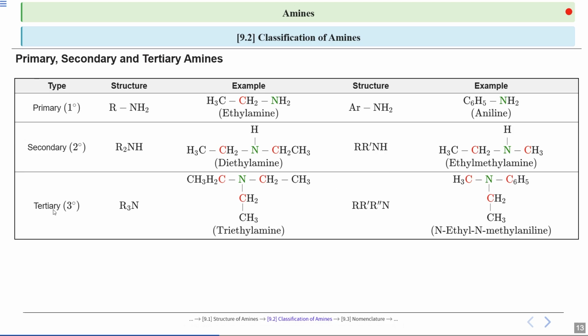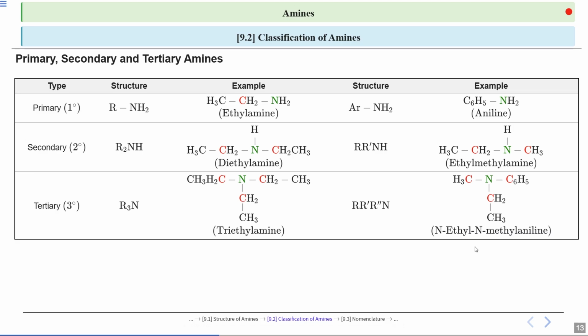Now in case of tertiary amines, all the 3 hydrogens of ammonia are replaced by alkyl or aryl groups. So over here, I have replaced all the 3 hydrogens with the ethyl group. Okay, so I have got triethylamine. Over here, I have replaced all the 3 hydrogens, one with a methyl group, one with this ethyl group, and one with this C6H5 group. So I have got N-ethyl-N-methylaniline.